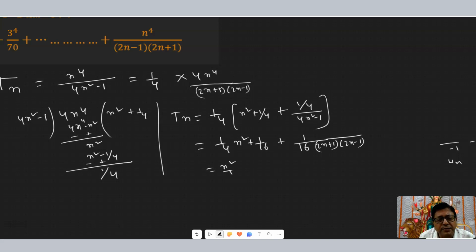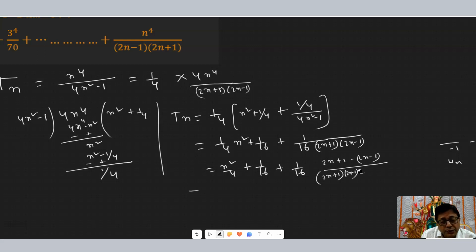You write n square by 4 plus 1 by 16. What is the difference between these two? We are modifying the nth term here. Difference between these two is 2n plus 1 divided by 2, and this part will remain as it is.